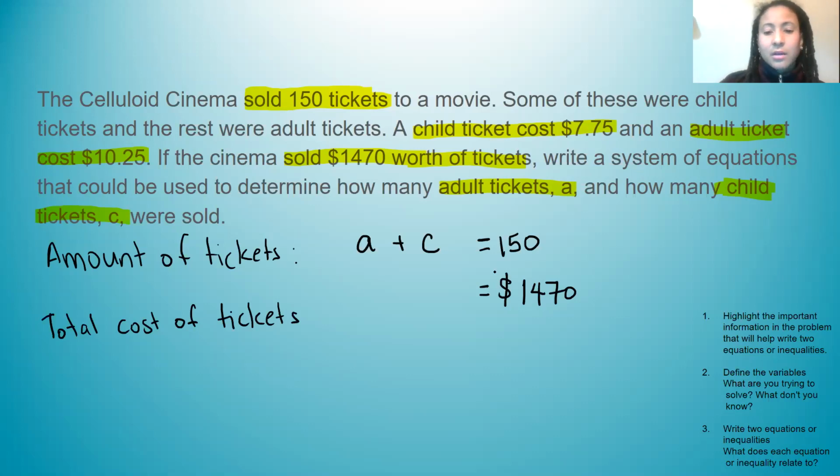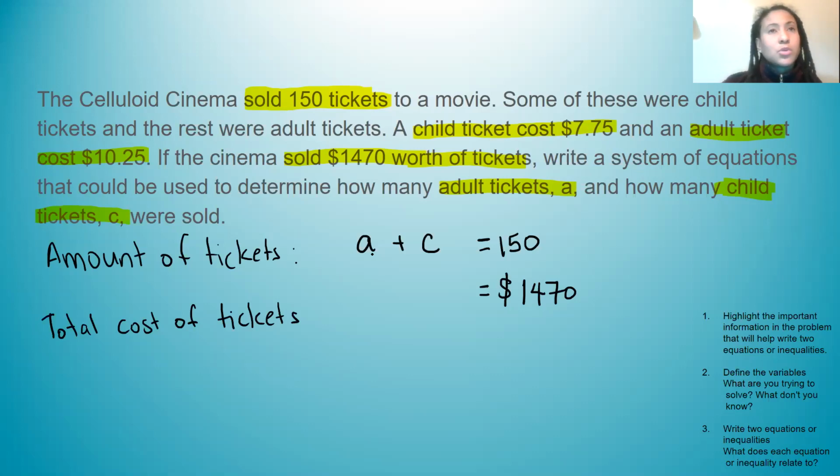Now our second equation talks about the value, how much it costs. So link the things that we highlighted to represent cost. If I were talking about the adult tickets, how much does an adult ticket cost? $10.25. Now, if I bought one adult ticket, it will cost me $10.25.